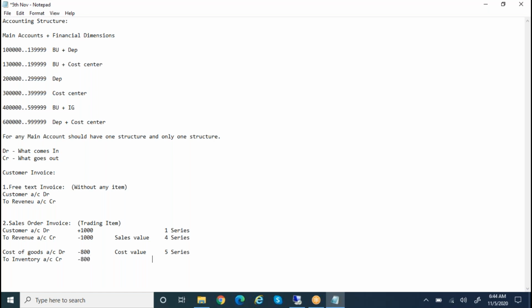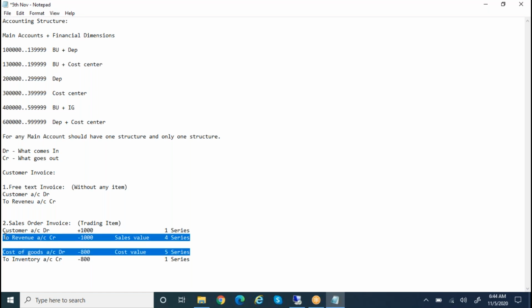What do 1 series, 2 series mean? 1 means assets, 2 means liability, 3 means equity, 4 means sales revenue, 5 cost of goods or purchase expenses, 6 expenses, 7 income, that is other incomes, 8 appropriation. That we have learned. So here the customer account will be posted in 1 series. This is 4 series. So the revenue account is actually income. Income will show in P&L side as negative and expenses will show positive.